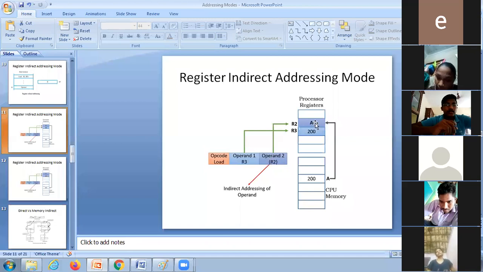What is the value here? R2 contains a value, but actually it is an address.